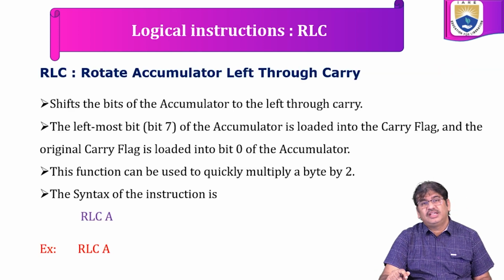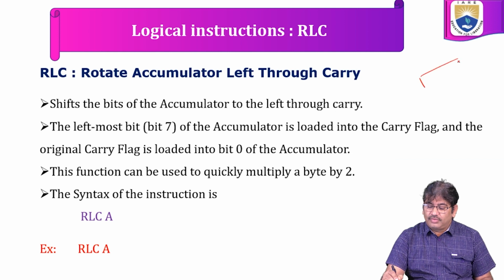The next instruction is RLC, which stands for rotate accumulator left through carry flag. The RLC instruction shifts the bits of the accumulator to the left through carry. The accumulator contains B7 to B0, which is 8-bit size.